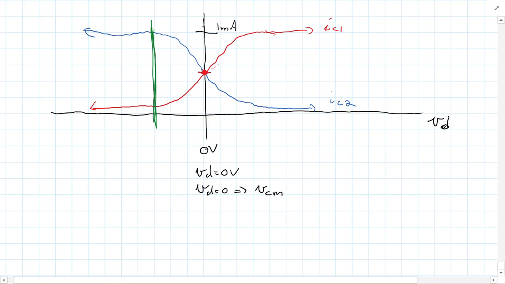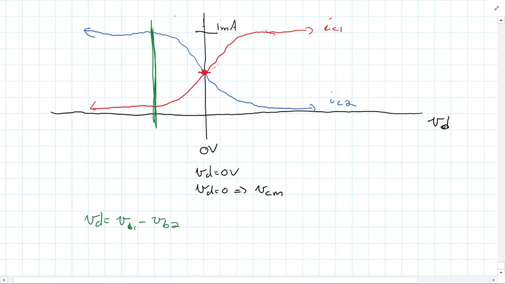But as we get a more positive VD, so remember VD is equal to VB1 minus VB2. As this becomes positive, transistor 1 is getting turned on and basically having all the current going through transistor 1. And then as VD is negative, essentially all the current is getting through transistor 2.